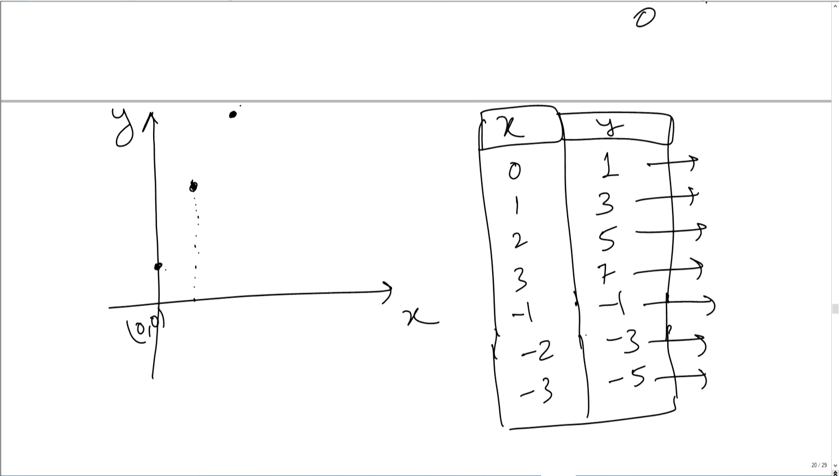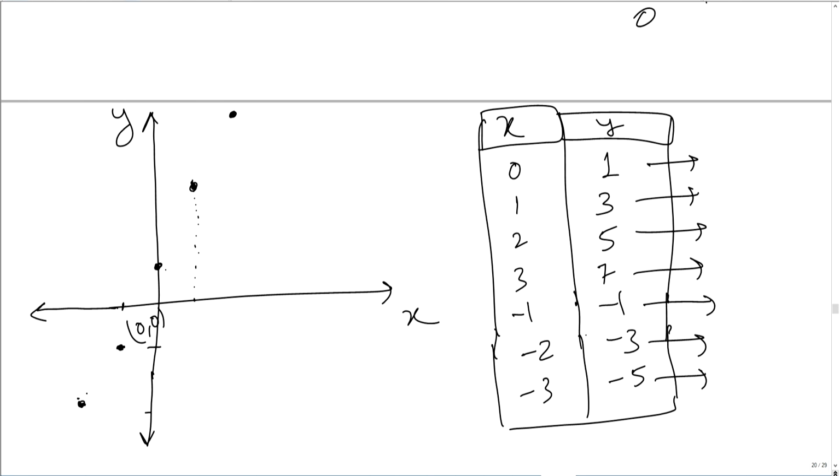Now let us go in the negative direction. When x is minus 1, y is also minus 1, so this point would be here. And when x is minus 2, y is minus 3, so minus 3 would be somewhere here, right? So this is how these points would look.